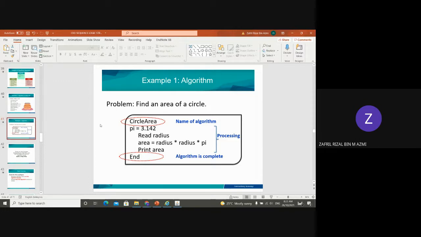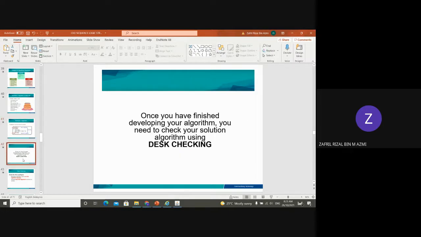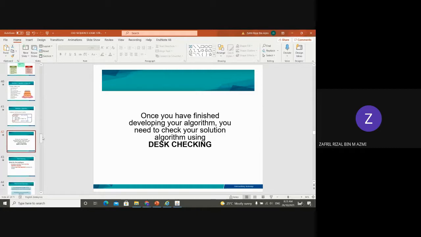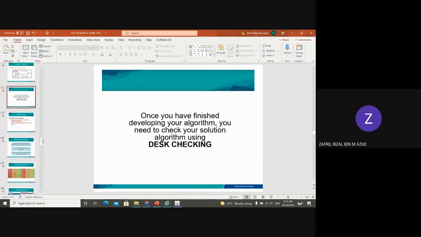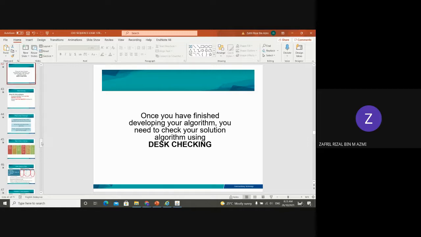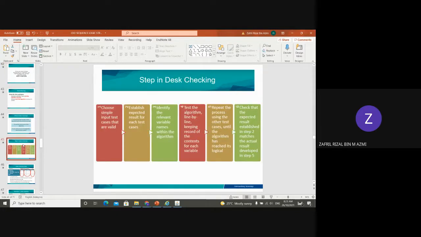So how do you verify whether our design, the algorithm, is correct or wrong? For that, we need to use desk checking, to verify our design. If you want to do it, you must follow this guideline.